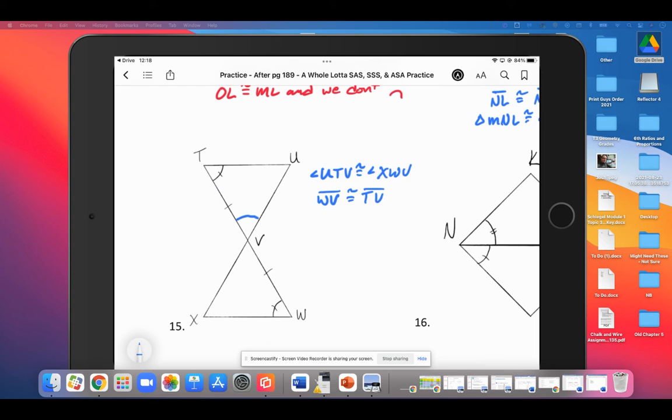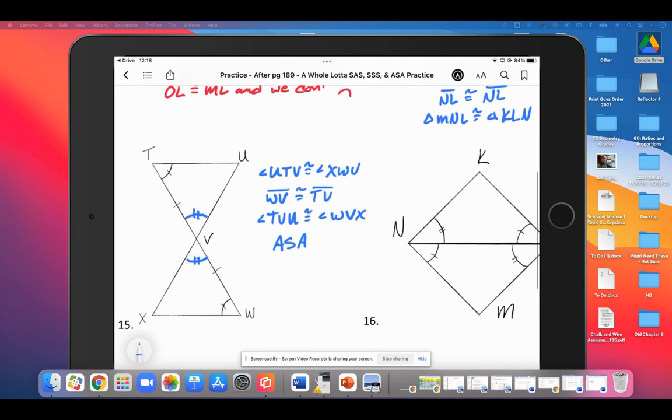Then I also see that I have vertical angles here. So we can make the statement that angle TVU is congruent to angle WVX. And so because of that, we can use angle side angle. For this one, we do have a side trapped between two angles, so we can prove congruence with angle side angle.